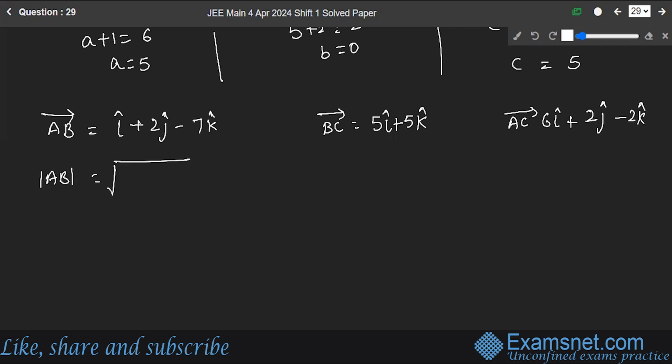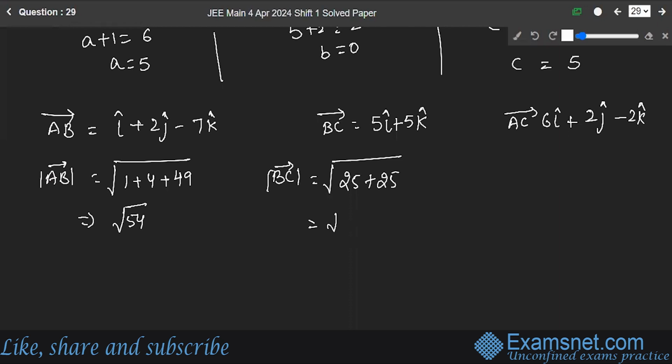This will be given by root of 1 square plus 2 square plus minus 7 square. This is going to give me root of 54, and the magnitude of BC vector is equal to root of 5 square plus 5 square, which is equal to root 50, and the magnitude of AC vector is equal to 6 square plus 2 square plus minus 2 square, which is equal to root of 44.